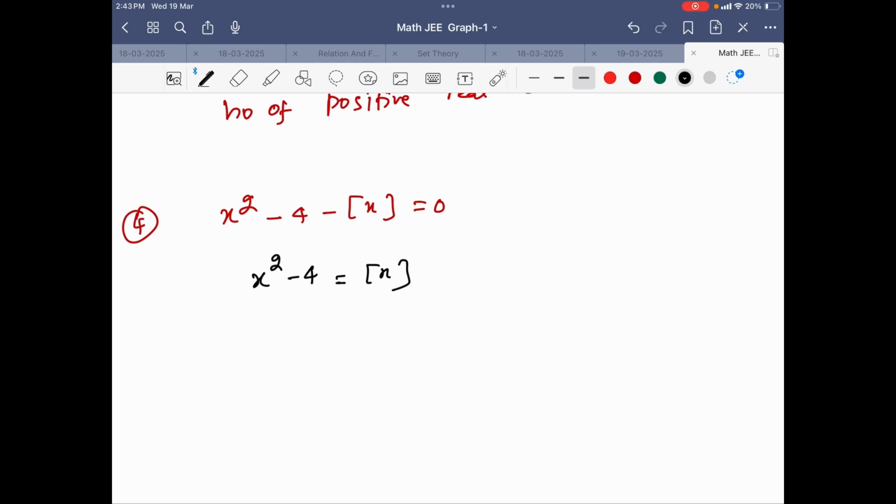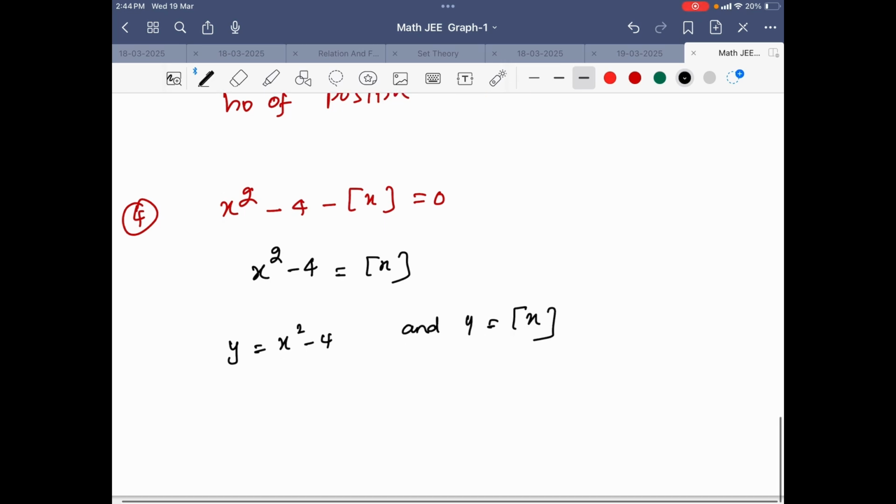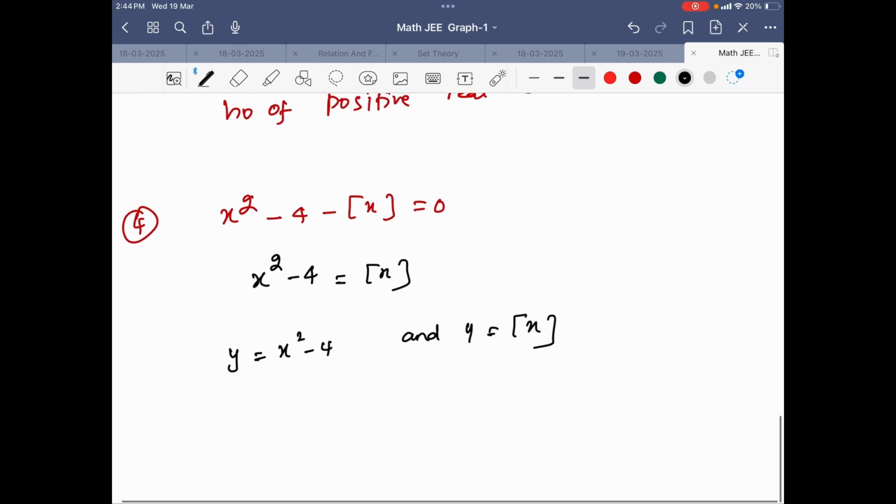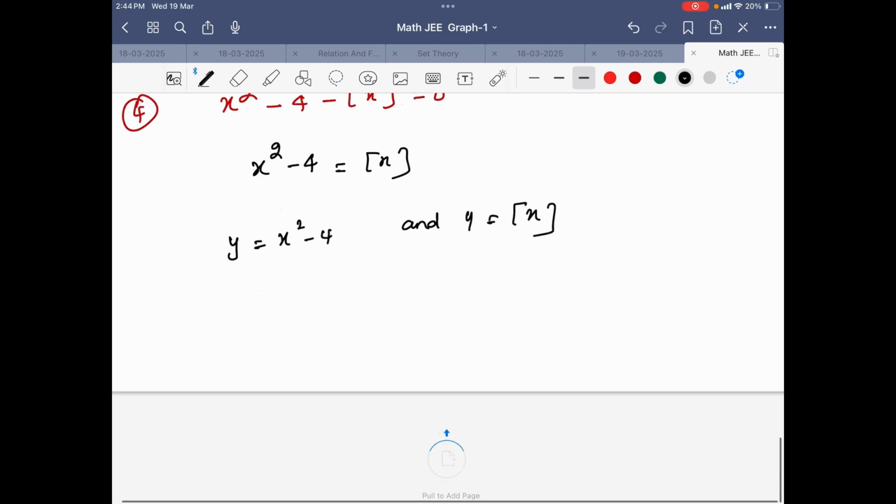Then how many solutions are possible here? So y is equal to x square minus 4. There are two graphs: y equals x square minus 4 and y equals the greatest integer function. You can solve this question through graphs.